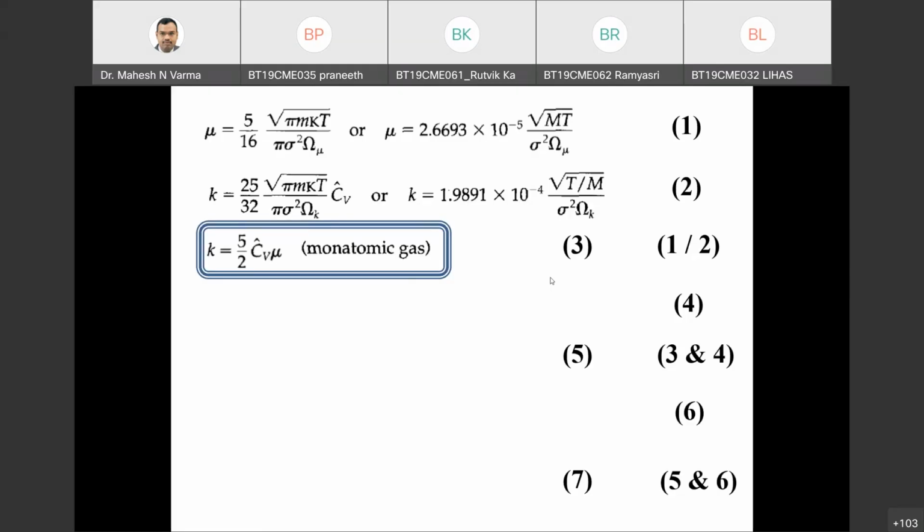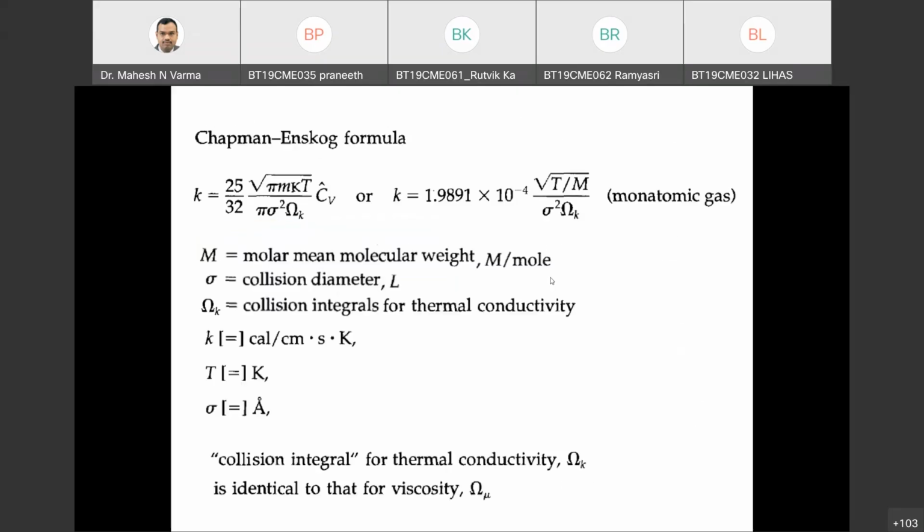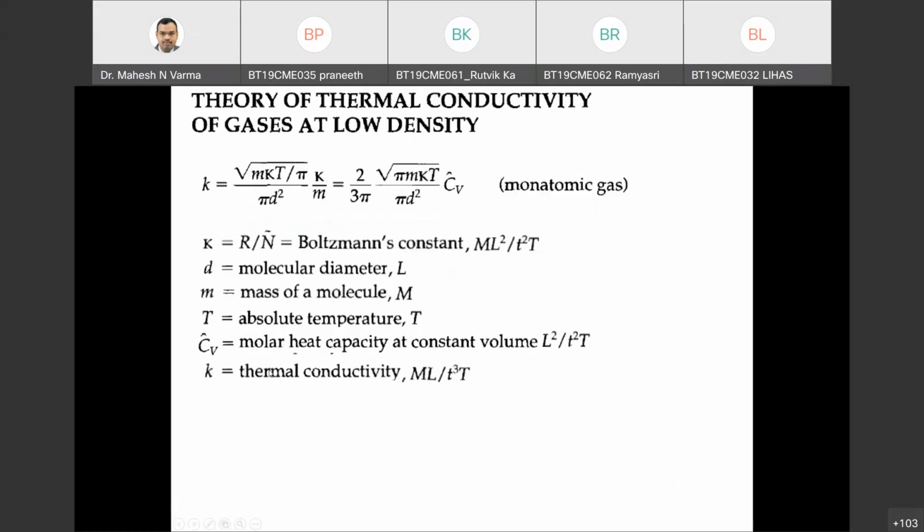So thermal conductivity can be obtained from viscosity. Thermal conductivity of monoatomic gases can be obtained from viscosity directly, if I have the molar heat capacity.